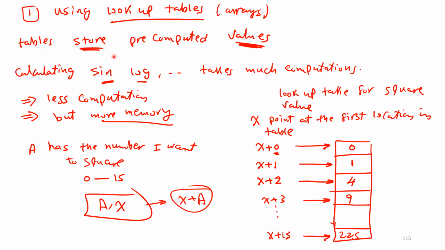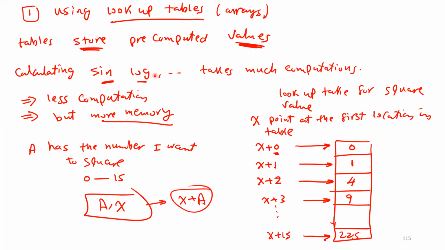Look here, guys. Sometimes you want to calculate sine or log or any other function that may take much computation, and your processor may not have enough computation power to calculate these functions. What can we do in this case?